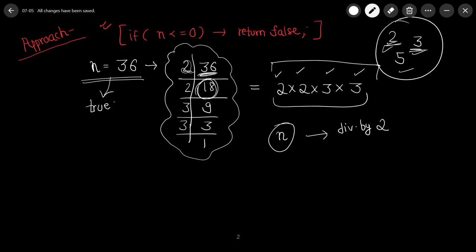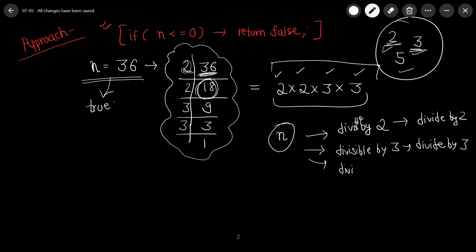If it's divisible by 2, then we would divide it by 2. Simple. And if it's divisible by 3, we would divide it by 3. And if it's divisible by 5, we would divide it by 5.